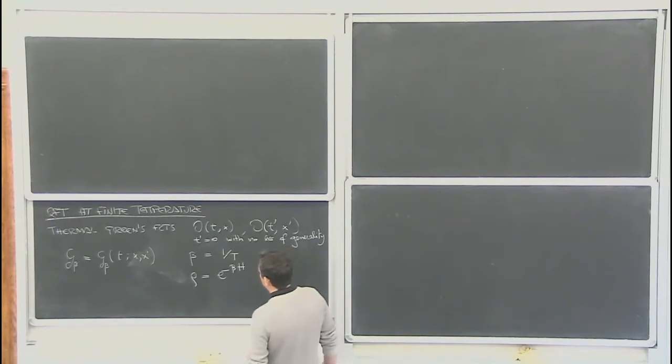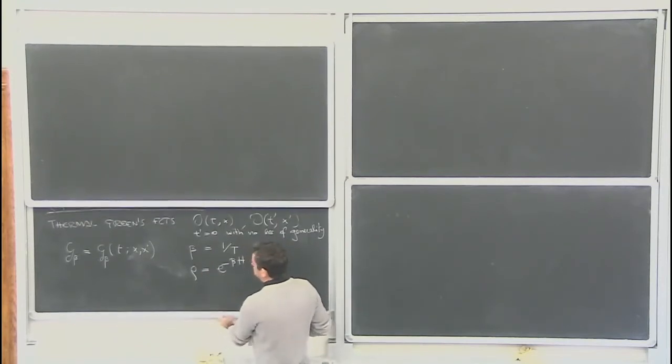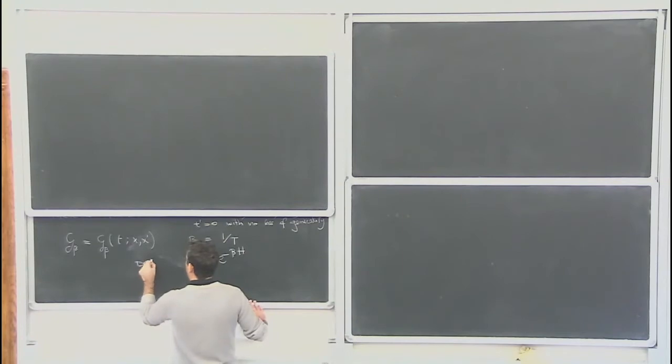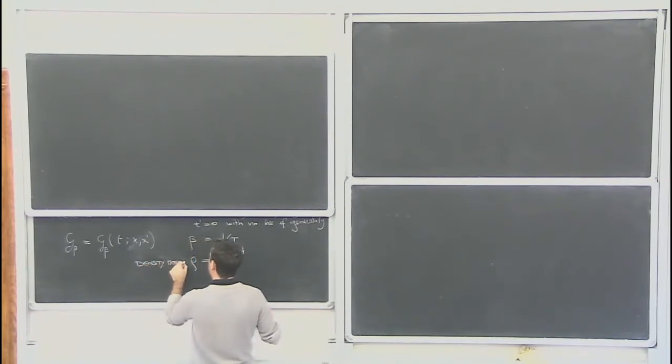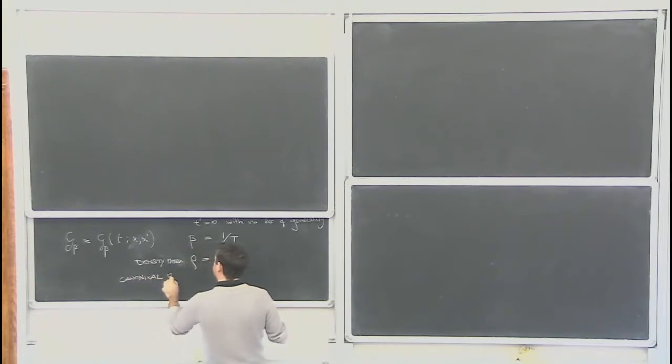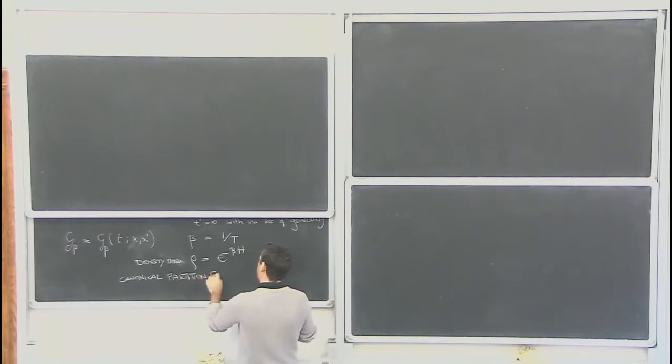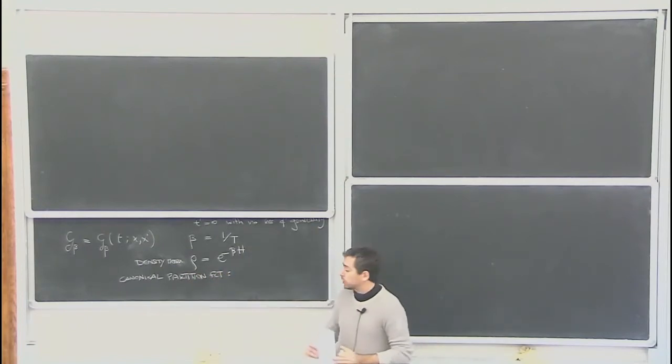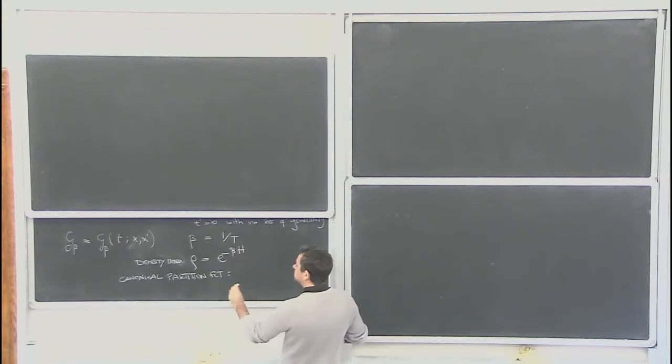So, having this density matrix, we can introduce the canonical partition function, canonical because we are in the canonical ensemble where the temperature is the independent variable and not the energy.